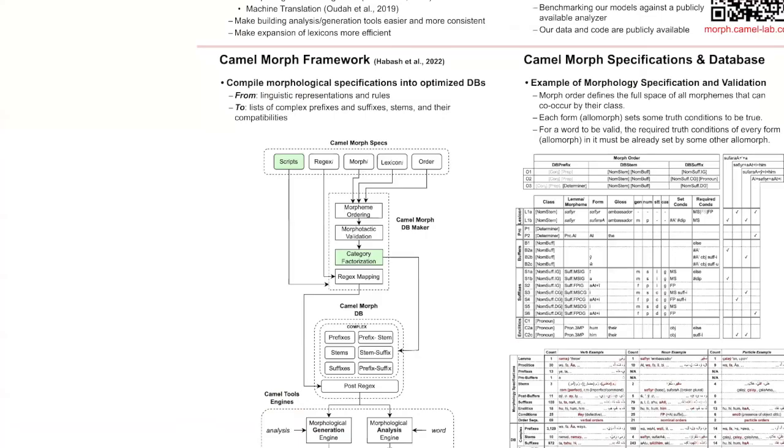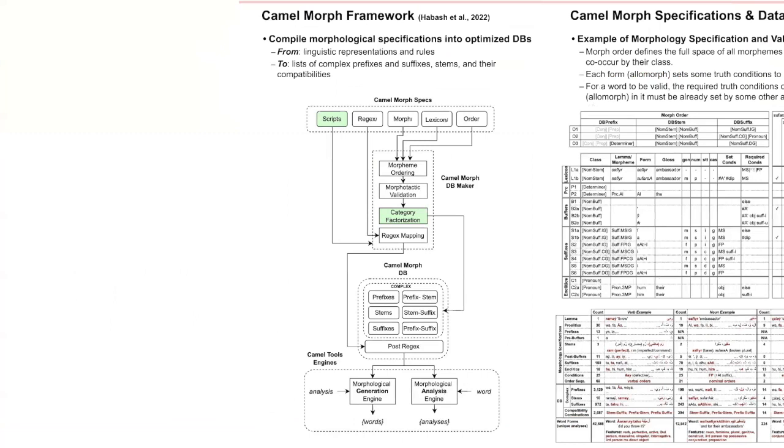Camel Morph MSA is developed within the Camel Morph framework, which relies on a two-step process to perform morphological analysis and generation, as seen in the following diagram. The first step requires designing morphological specifications, seen on top, describing the language's grammar and lexicon in a manner which is annotator-friendly.